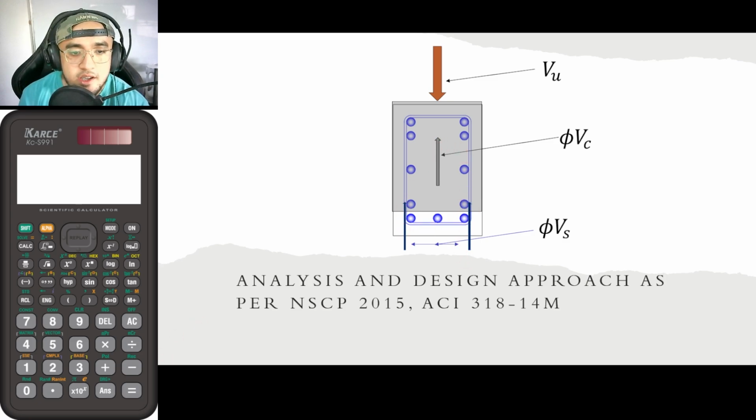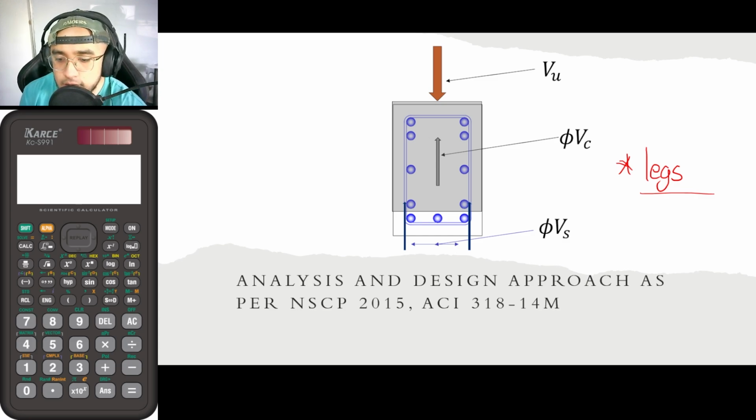In shear stirrups, we have this term called legs. When we say legs, that is the part of the shear reinforcement that actually helps in withstanding the shear force itself. In this case, this side leg right here is called a leg, and this one here is also called a leg.